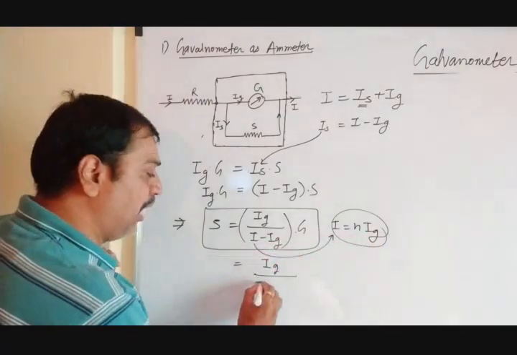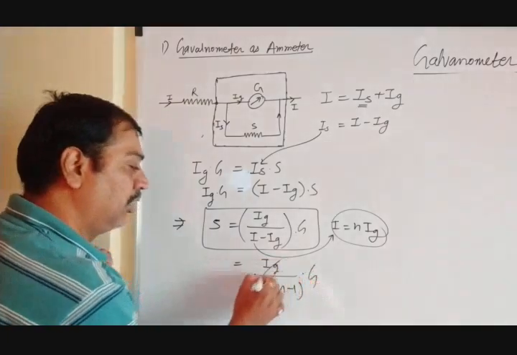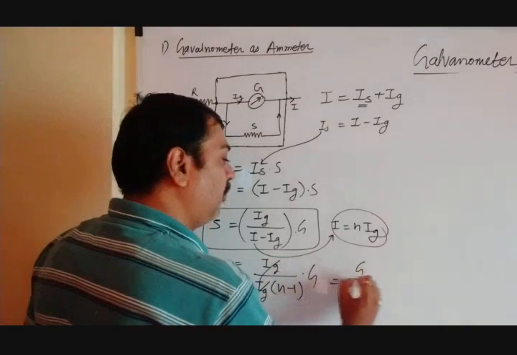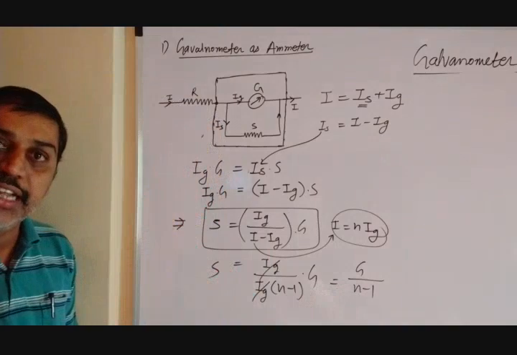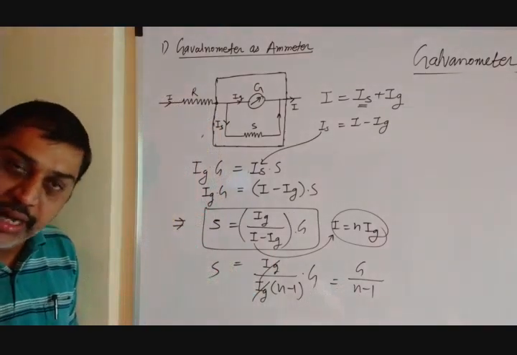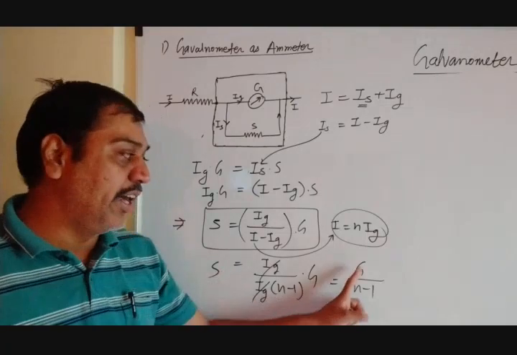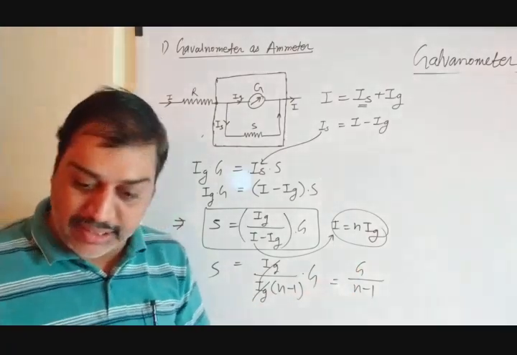Take Ig common, so Ig into N minus 1 into G. This Ig gets cancelled out. So what we get is S equals G divided by N minus 1. That is for measurement of current, that is, to make the galvanometer an ammeter. The condition we get is G divided by N minus 1. So that is the condition we get for this.